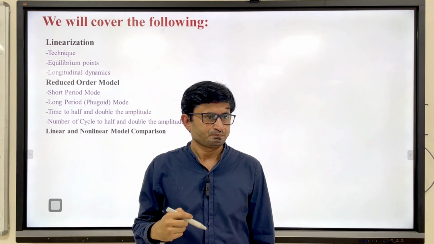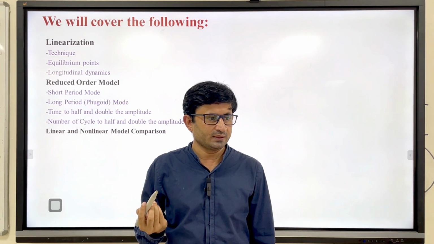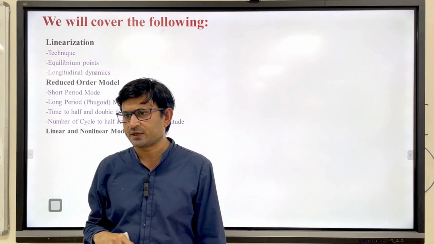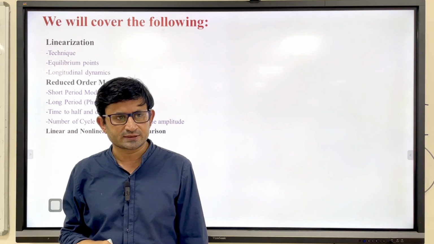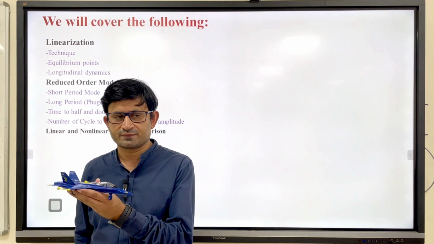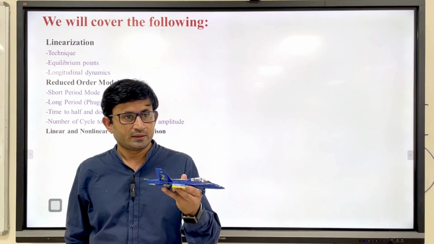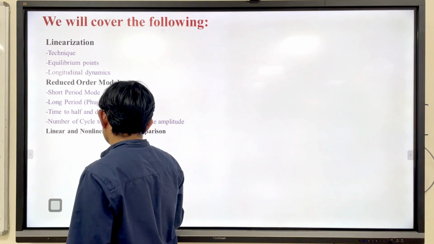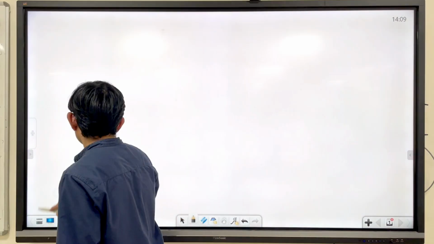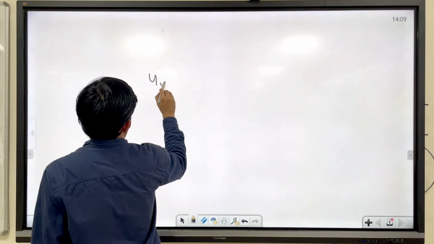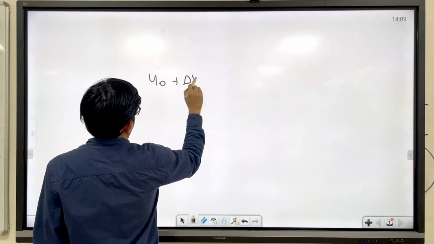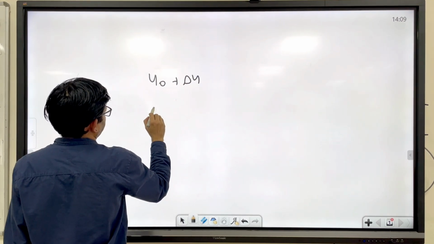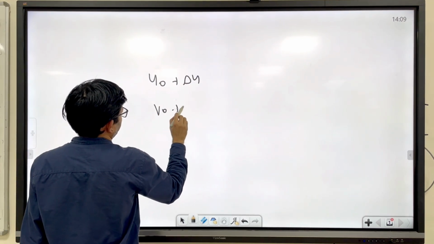For example, you can use small perturbation theory to linearize the system. Let's say your aircraft is flying at a particular trim flight condition, then you can add this perturbation to the trim value.